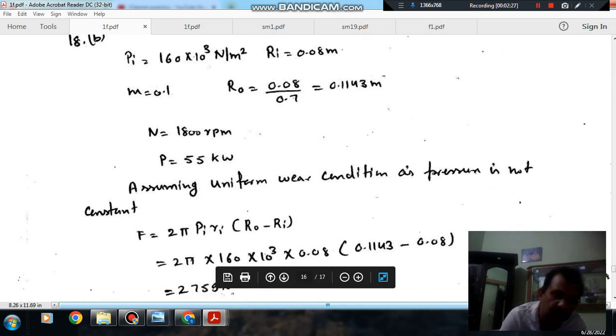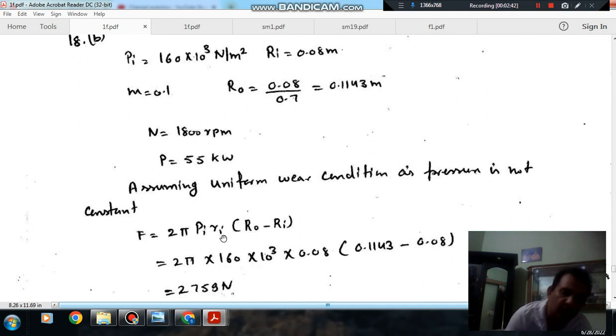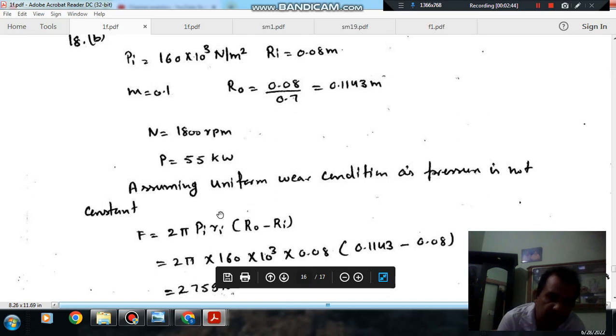In uniform wear theory, the load is given by 2 pi pi ri (r naught minus ri), where pi is the maximum pressure. The maximum pressure will be at the inner radius, because in uniform wear theory we assume that PR is constant, so P will be maximum when R is minimum, which is at the inner radius.